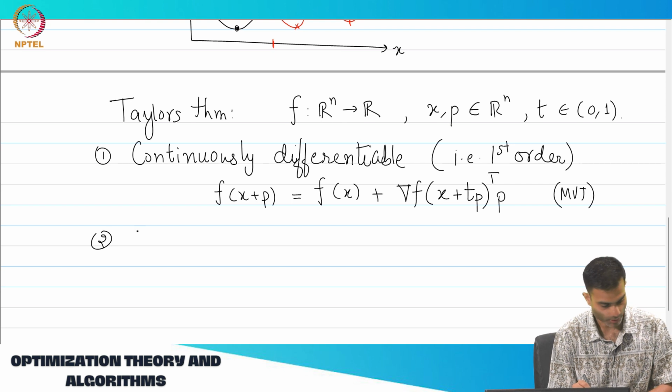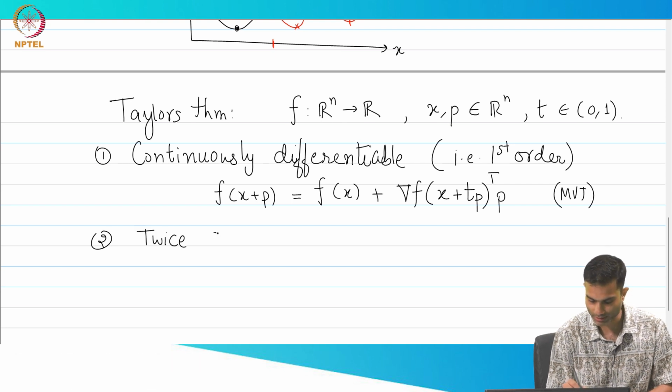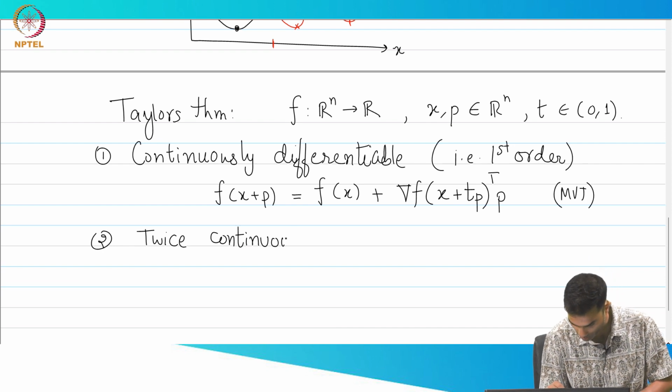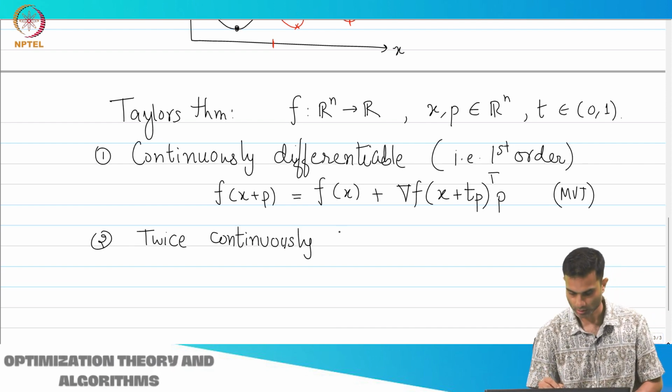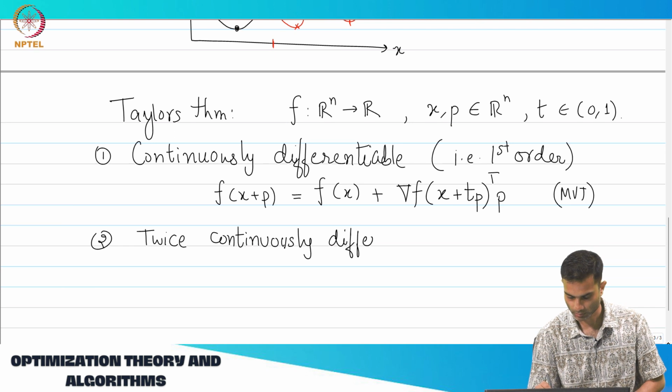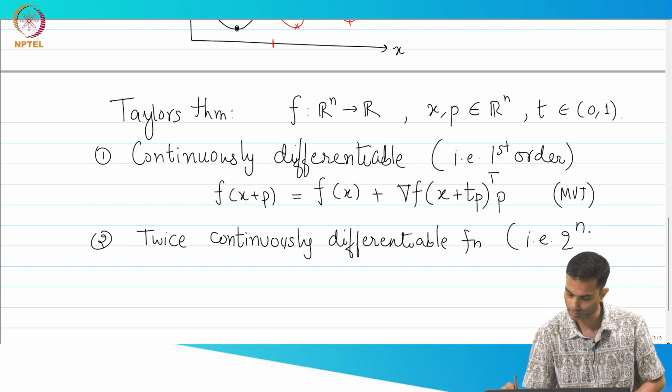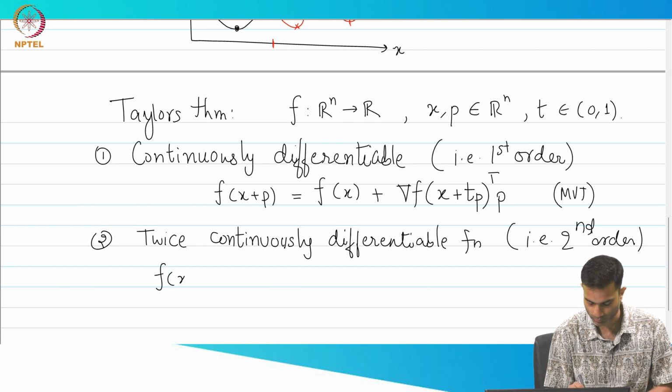Now if I have a twice continuously differentiable function, i.e. second order, I just need to add one more term.